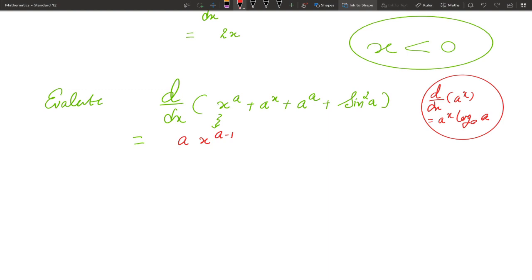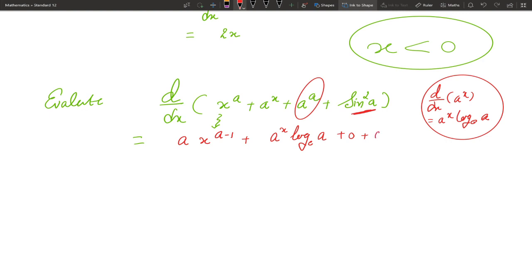Now a raised to a is a constant, there is no variable x, so the derivative is 0. Similarly, sine square a is also constant because there is no x, where x is the variable.